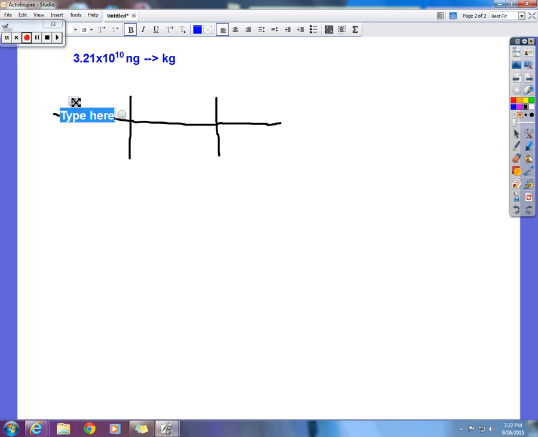So again, I always type in here what I know, which at this point, the only thing that I know is 3.21 times 10 to the 10th nanograms. I don't want to see anybody leaving units out. The best way to confuse and screw up unit conversions is to not put units in your calculations. I know it's a hassle. I know it's frustrating. I know you're just like, banging your head against the wall.